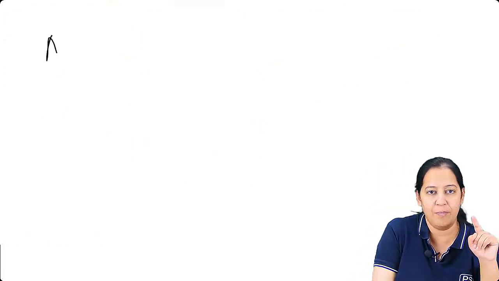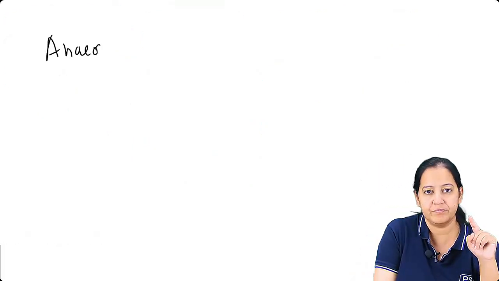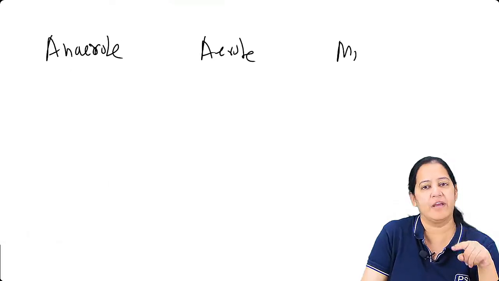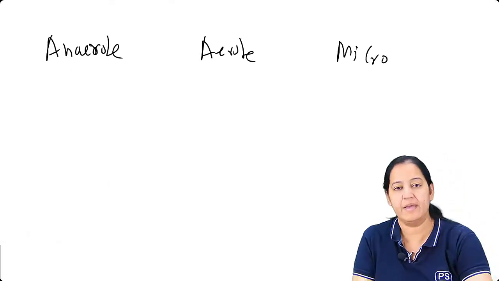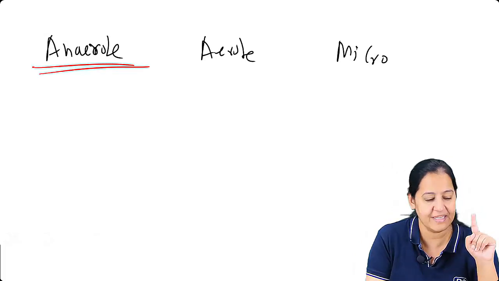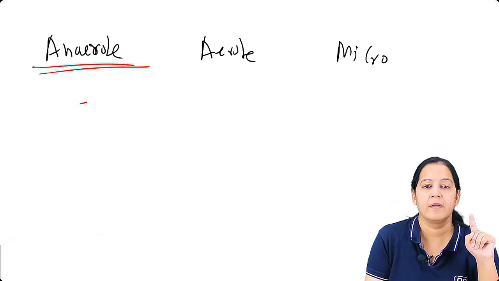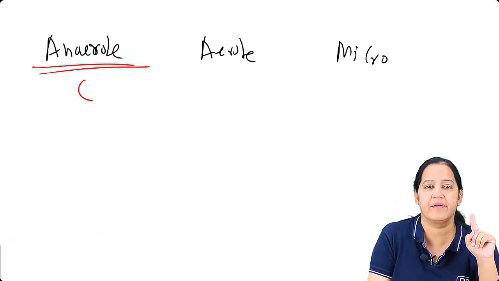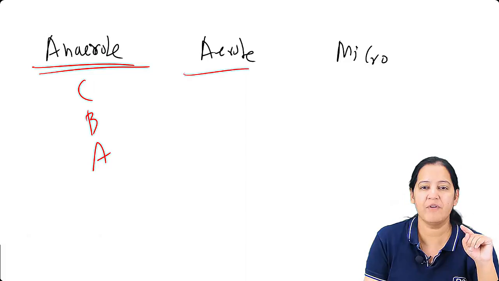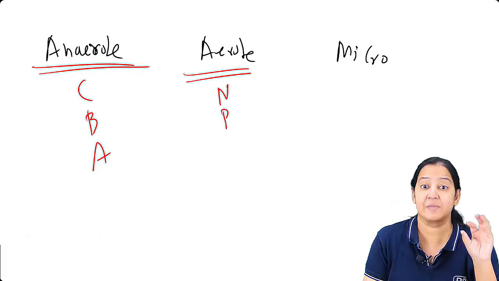So tell me the obligate anaerobe, tell me the obligate aerobe, and tell me the microaerophilic. Only the mnemonic. Who will tell me? Write the mnemonic for obligate anaerobe. Don't write the full form. Say the full mnemonic: can't breathe air. It's correlating. They can't breathe air, and if they breathe air, they will die. What is the mnemonic for aerobe? Nasty Pest Must Breathe.